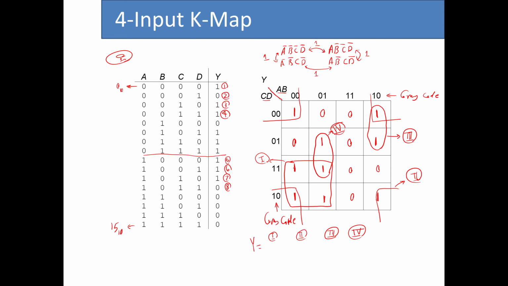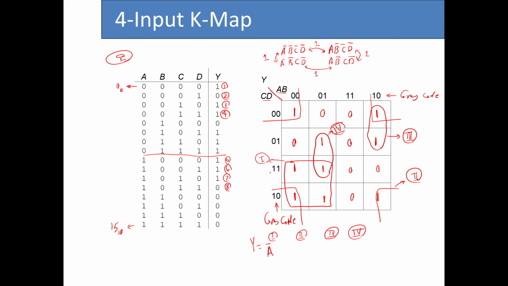So between all these 4, the value for A is fixed, right? A is 0 for all of these 4. So that means that we have A in its complement form included in the implicant associated with this circle. But what about B? B has both 0 and 1. So that means that it is not going to be included. What about C?